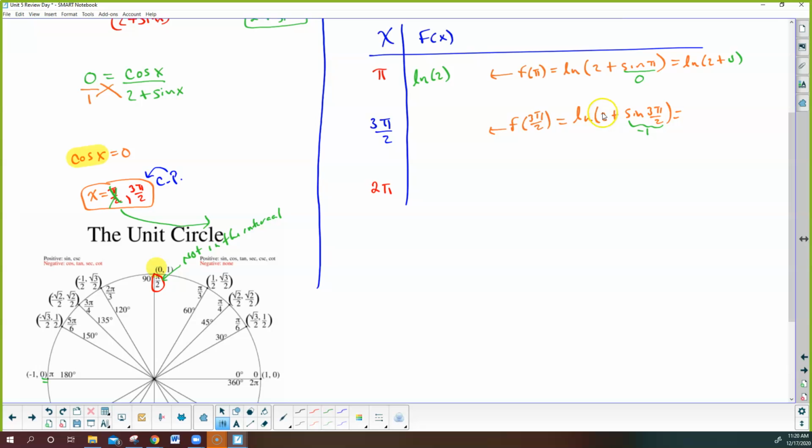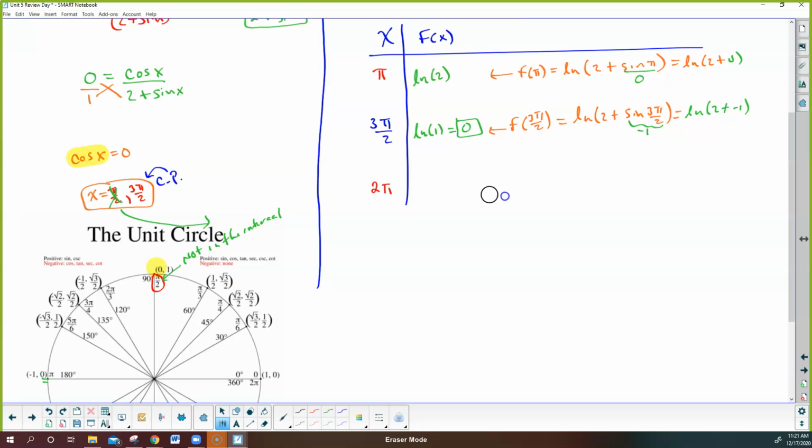And then I end up with the natural log of 2 plus -1, or the natural log of 1, which they are going to assume that you know that the natural log of 1 is 0. So right now, between these two, the natural log of 2 is going to be a number. 0 is less than that. So right now, I'm thinking this might be my absolute minimum.